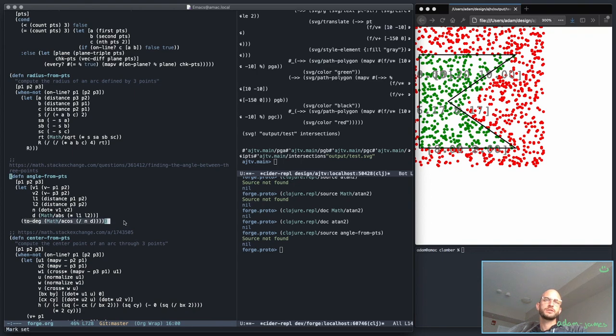Math 2 degrees, the cosine of n over d. So I've got a dot product here. Two vectors, yeah.